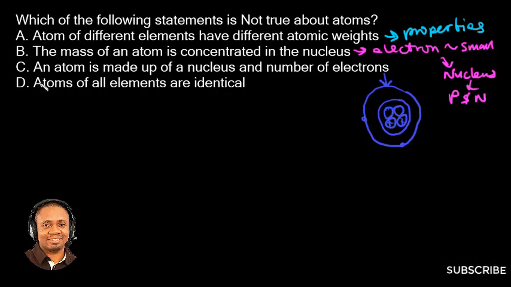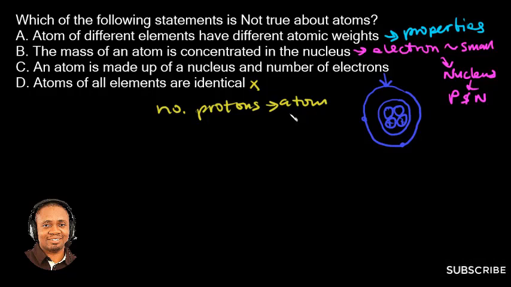What about the last option? Atoms of all elements are identical. Atoms of all elements are not identical. In fact, the number of protons in an atom is a defining feature of an atom.